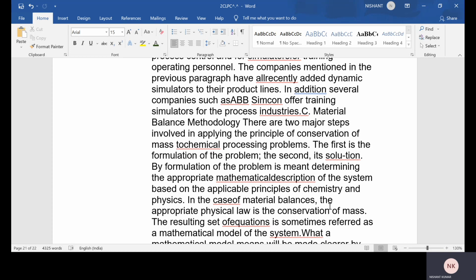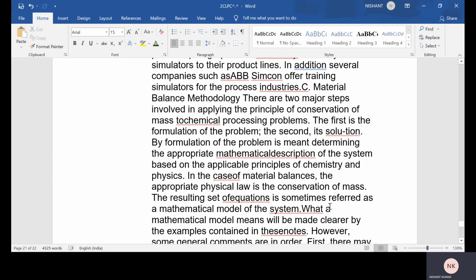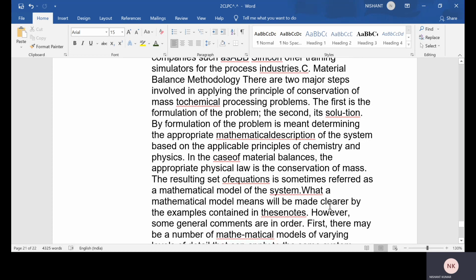In material balance methodology, there are two types of steps involved in applying the principle of conservation of mass to chemical processing problems. The first is the formulation of the problem and the second is the solution. By formulation of the problem is meant determining the appropriate mathematical description of the system based on the applicable principles of chemistry and physics.